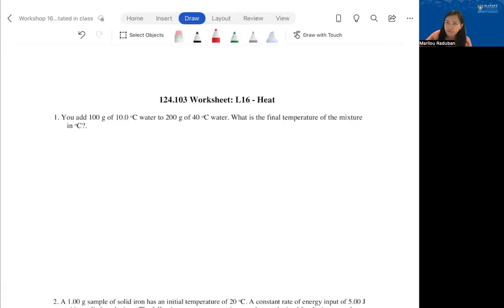So to find the final temperature of the water that's mixed, let me just use black ink. You need the mass of the hot water times specific heat times the temperature, the initial temperature of the hot water and cold.